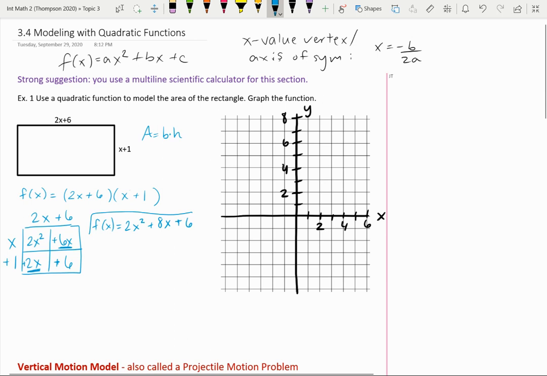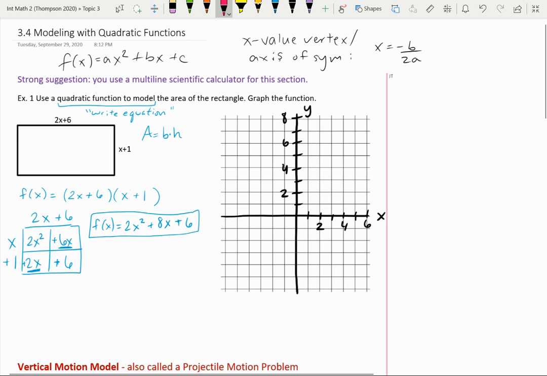So I've got this quadratic function, and that is the first part. Use a quadratic function to model the area of the rectangle. When they say use a quadratic function to model, they want you to write an equation. That's what that translates to. Write an equation for the area of the rectangle. So there's my equation.